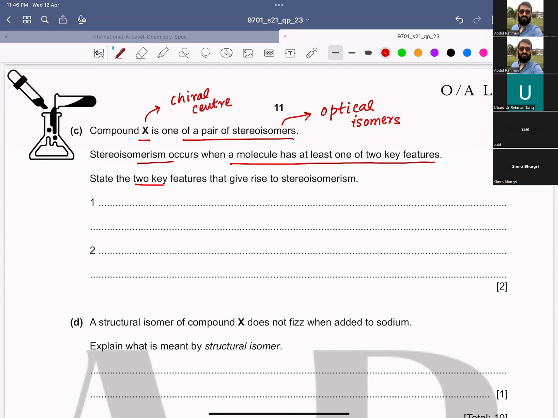Stereoisomerism occurs when a molecule has at least one of two key features. State two key features that give rise to stereoisomerism. Okay, if it has a chiral center, then optical isomerism arises.